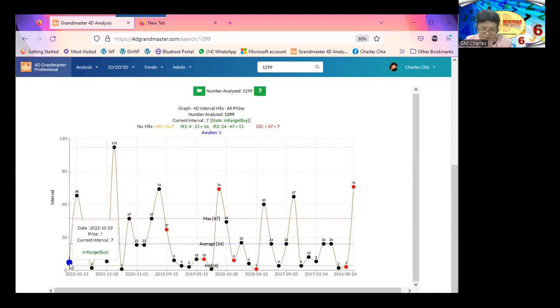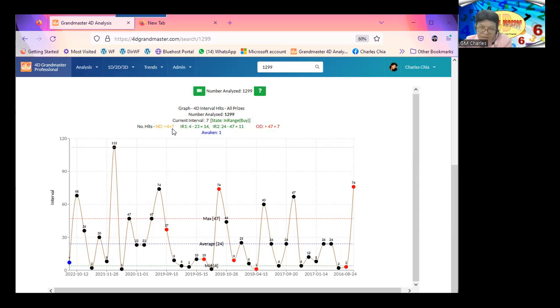Now this one is interval 7. So okay, we have this. Just like I told you, NotDue is below interval 4, and there's only 7 hits. That's why I said NotDue is no good to buy, right?